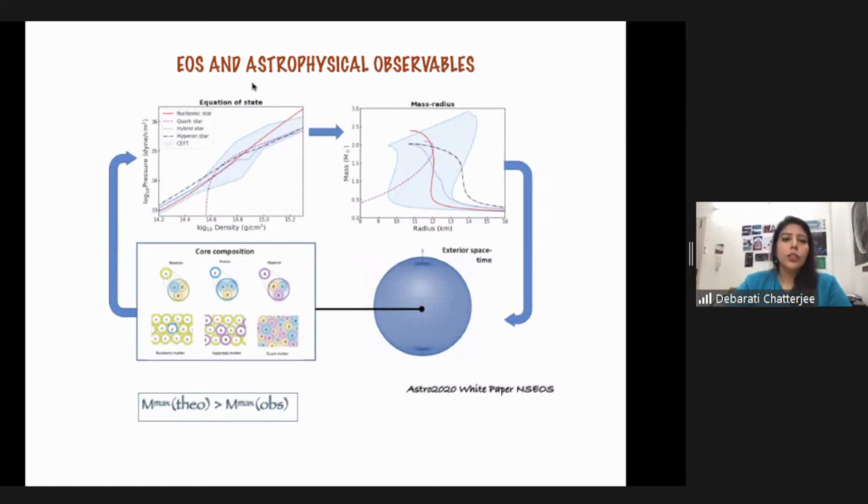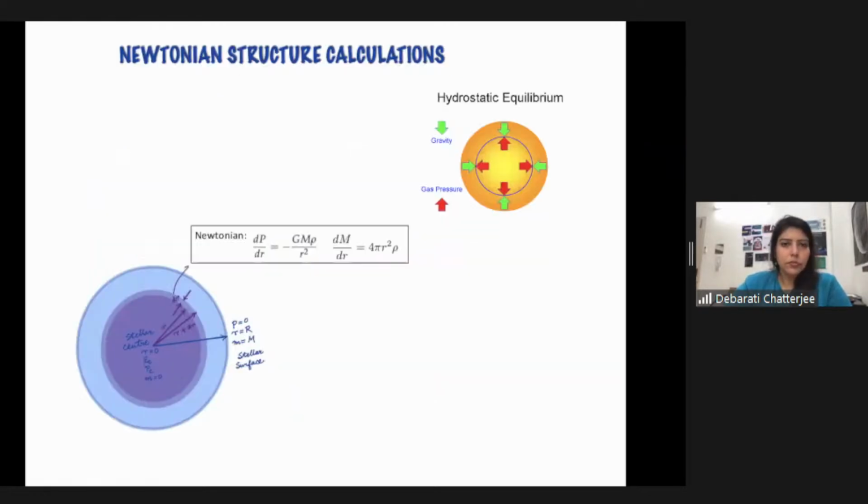Okay, so this is how it looks. The core composition gives you the equation of state. The equation of state gives you global properties, which in turn also depend on the exterior spacetime. Now, normally for white dwarfs, as you have already heard in the stellar structure lectures, for the Newtonian case the stellar structure equations can easily be calculated.